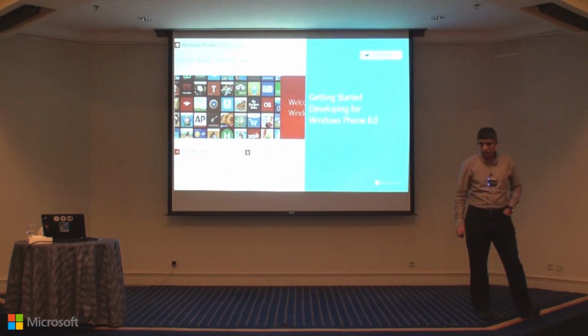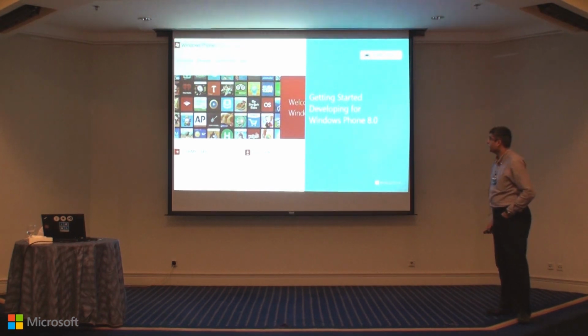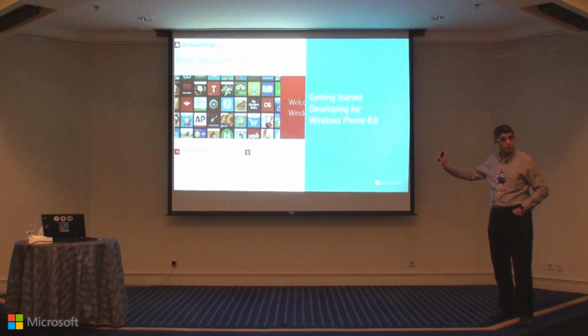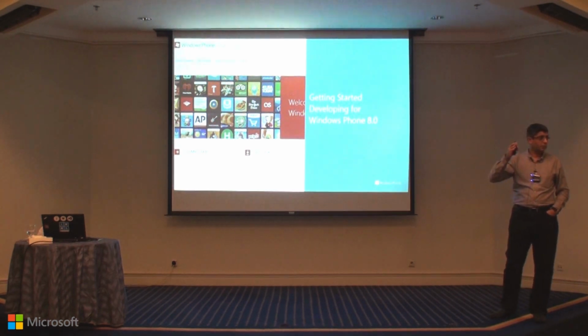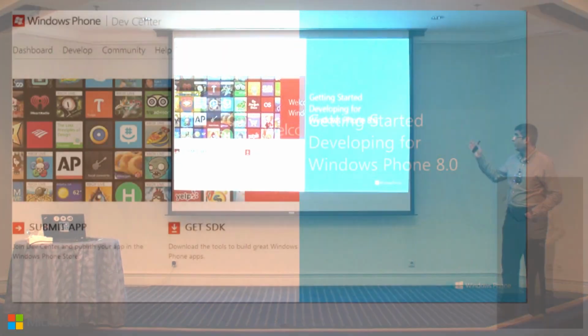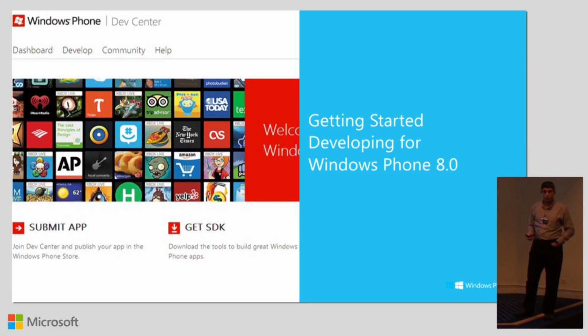So those of you who have built for Windows 7.5 will see that we have a new portal now, right? It used to be create.msdn.com. Now we are at dev.windowsphone.com.